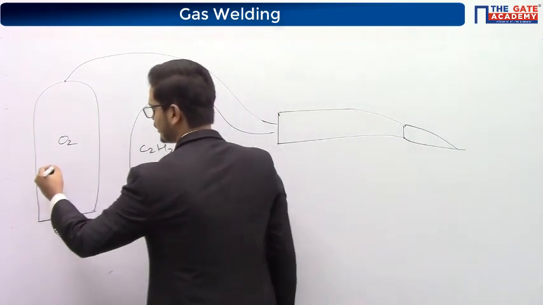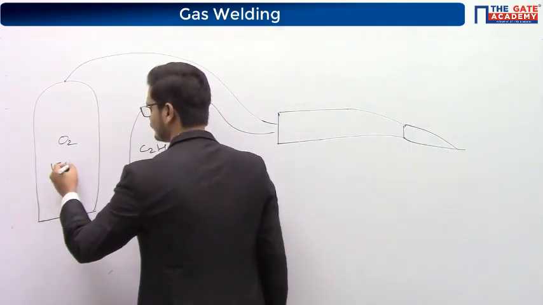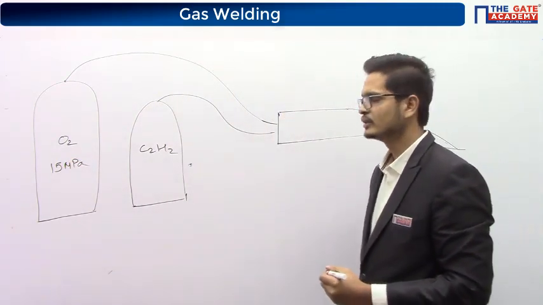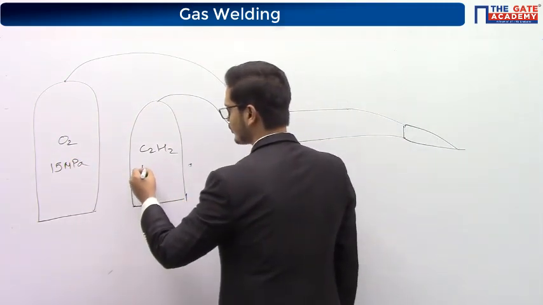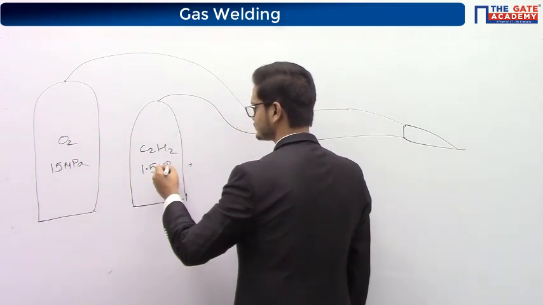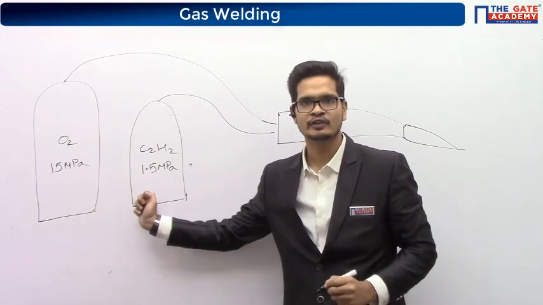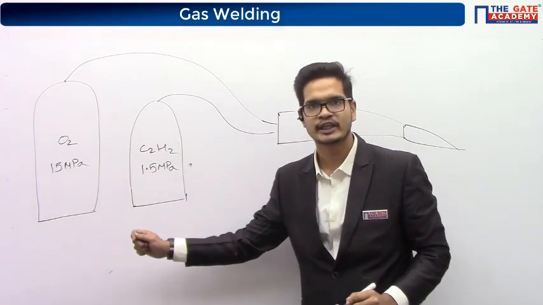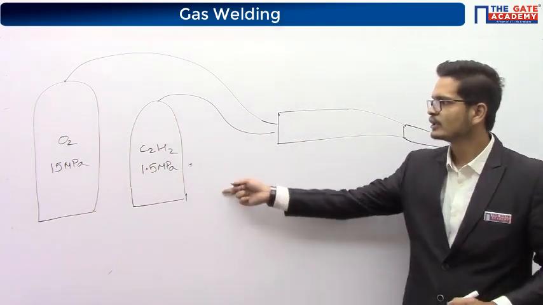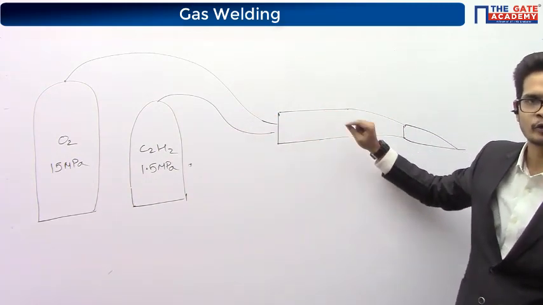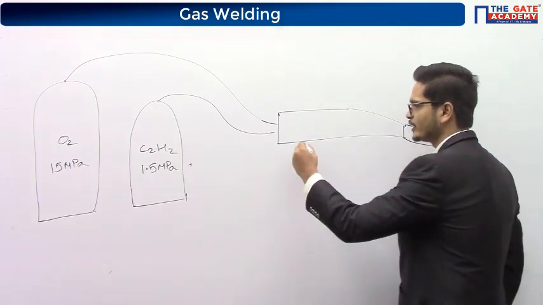The oxygen cylinder is kept at 15 megapascal. The acetylene cylinder is kept at 1.5 megapascal. So you can see here that both the gases are at quite high pressure. When they come and mix here, the pressure will again be quite high.